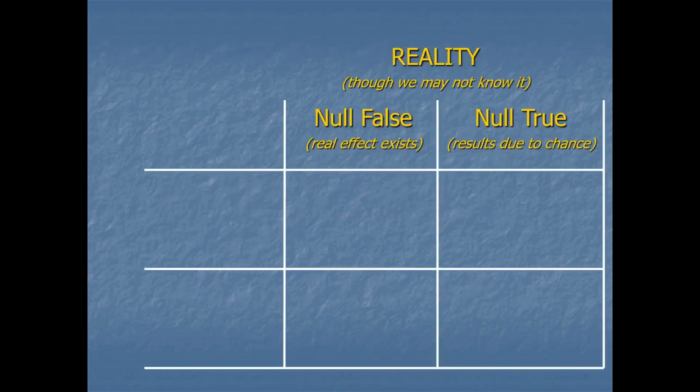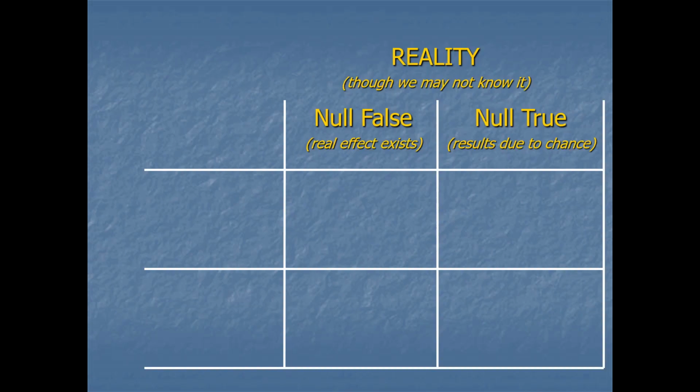Now, if you find this stuff confusing, sometimes it can help a lot to lay it out in a table like this. So on the one hand, we can say that reality is one way or another. In reality, whether we know it or not, the null hypothesis is either false or it's true. That's just how the world is. If the null is false, then there's some real effect that exists, a real difference between our groups, a real effect of the medication.